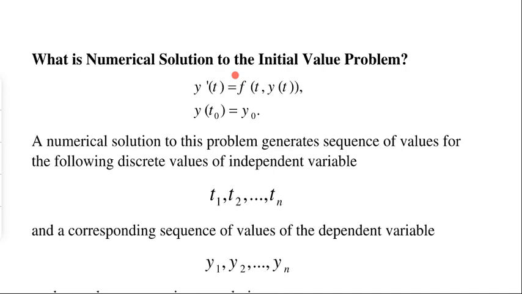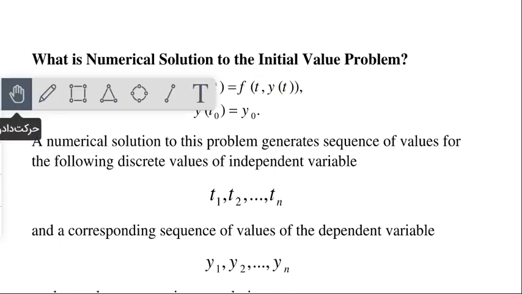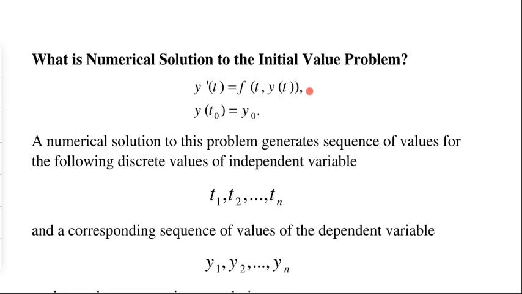What is the numerical solution to the initial value problem? Let me consider this simple initial value problem. Here we have this equation: y prime equals f of t and y.